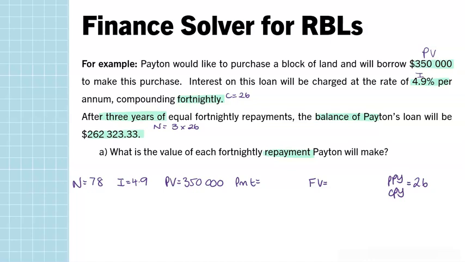So if I owe the bank that amount, that means my future value will be a negative value. I would have to give that back at that point. So negative 262,323.33. And what we're being asked to solve for is the payment amount. So what is this PMT value?